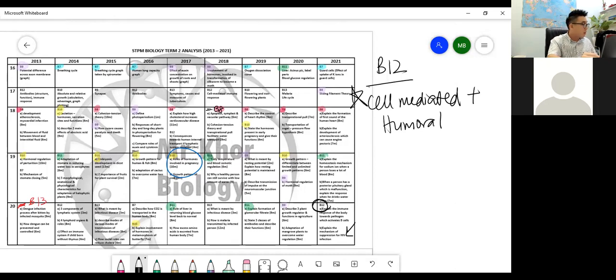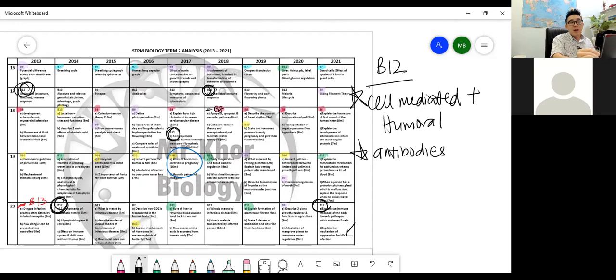Anyway, 2020, 2019, 2018, cell-mediated, 2017, lymphatic system, 2016, 2015.